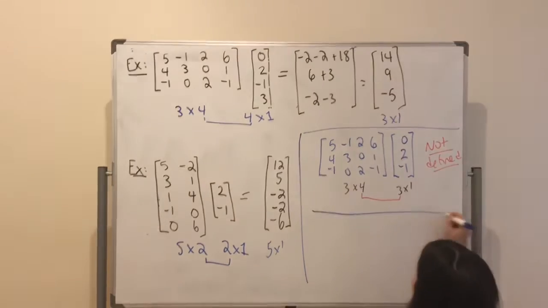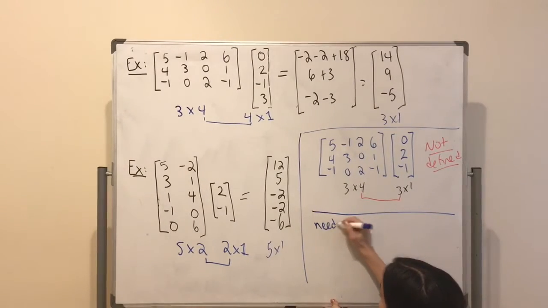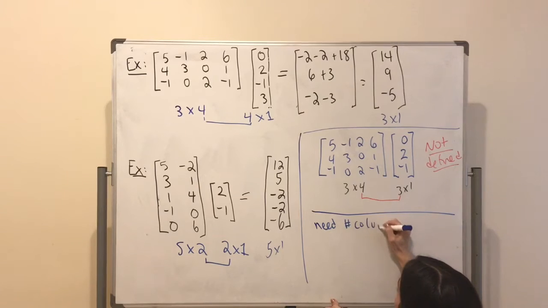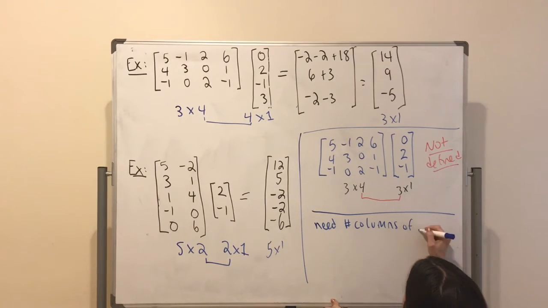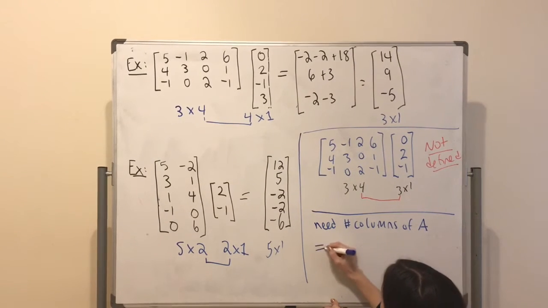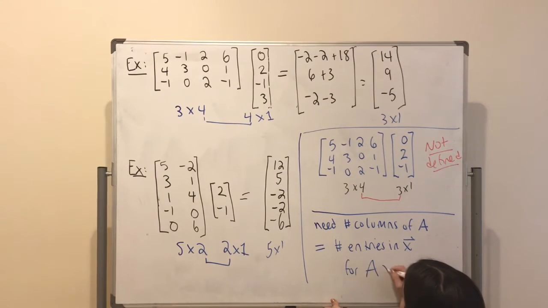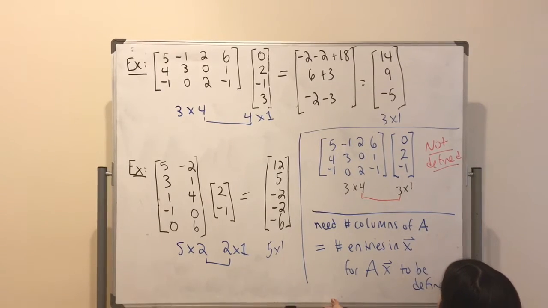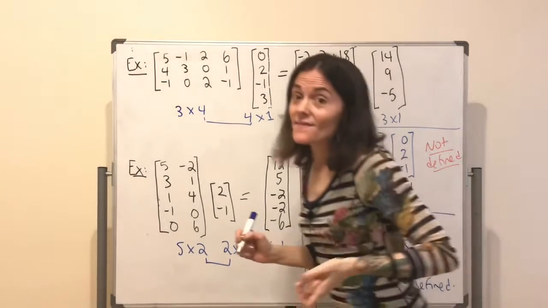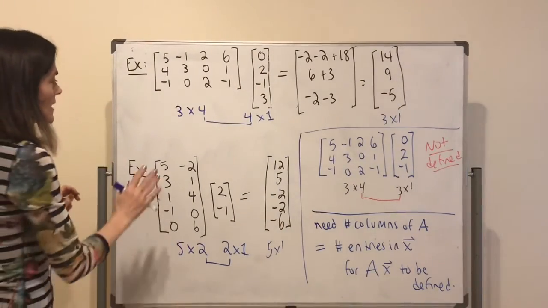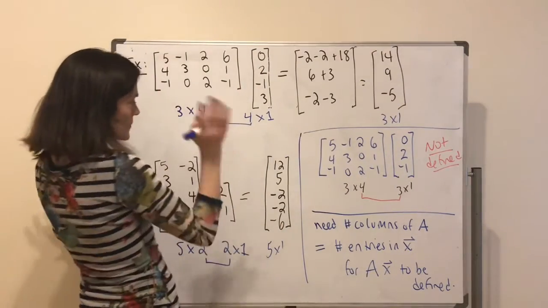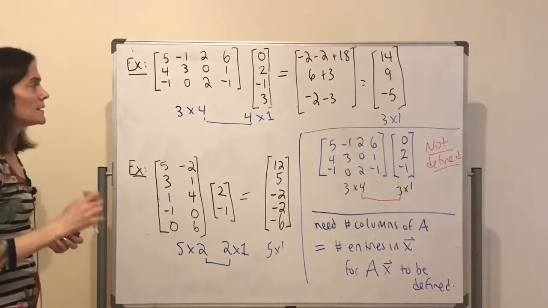Okay, so what we need is that the number of columns of A must be equal to the number of entries in X for this AX to be defined. Number of entries are just the length of the vector, okay? And we see 2 examples, and we see a non-example.